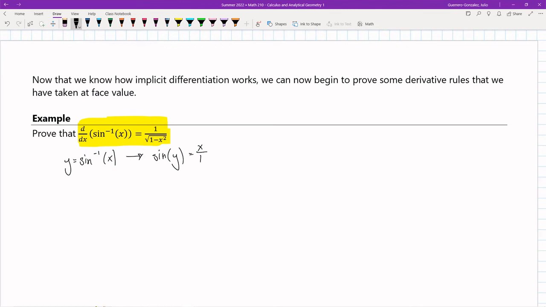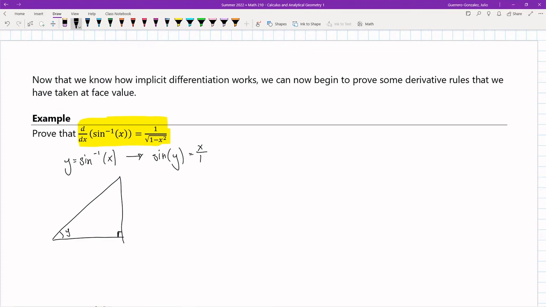So what I'm going to do now is draw my triangle. If you guys remember how these things work, here's my triangle. Let me draw it correctly. There we go, a right triangle. So this right here is my y, that's my angle.